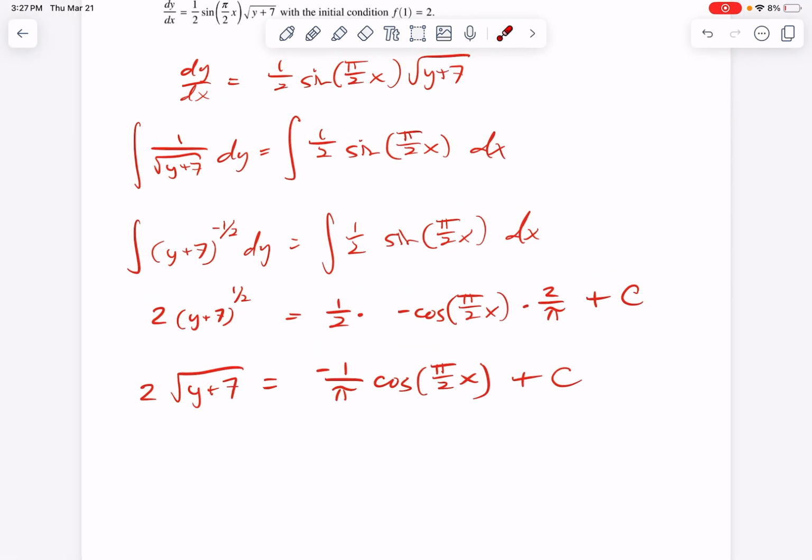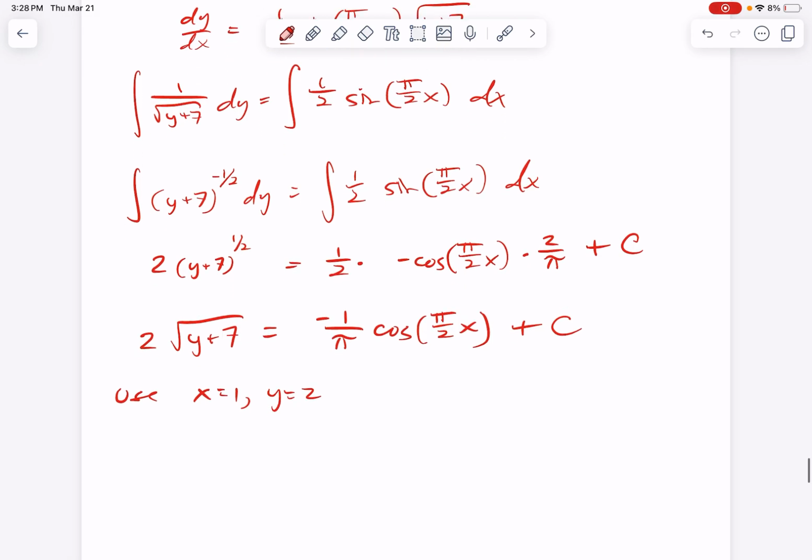Let's solve for c. So I see that this is pretty ugly. It might be easier if I can figure out what c is right off the bat. So I have my initial condition. So I'm going to use x equals 2, y equals 2. So 2 times the square root of 9 equals negative 1 over pi cosine of pi over 2 times 2 plus c.